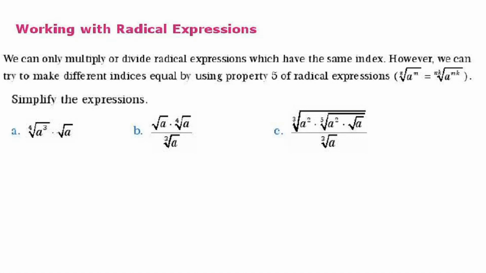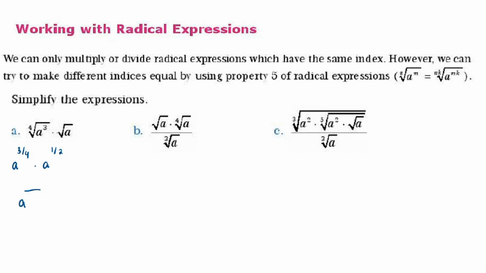So first of all, we're going to write the given in terms of fractional exponents. We have the fourth root of a to the third power, which can be written as a to the power of 3/4, times a to the power of 1/2. Now, since we have the same base, we can write a single form. So you can write now a, and then we are going to find the LCD of their exponents.